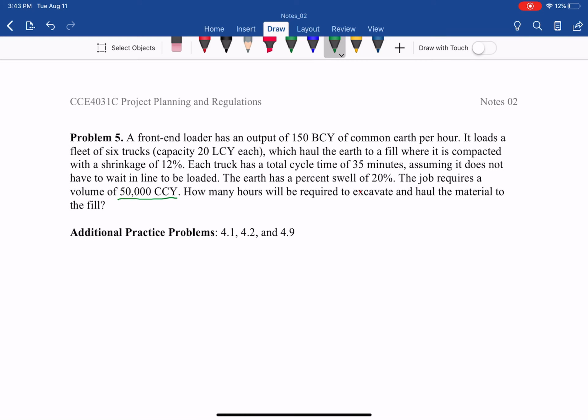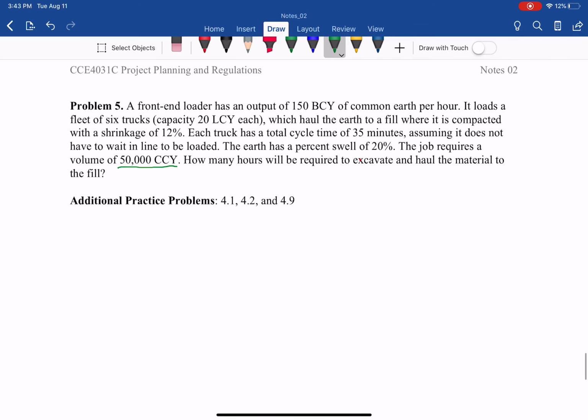The question is how many hours will be required to excavate and haul the material to the compacted areas. So this one, as you can see, is the operation of 2 types of equipment. The loader digs and excavates the material, puts it on the truck, and the truck transports that material to the compacted fill areas. So the 2 pieces of equipment have to work together, and we need to find out how many hours to complete the job.